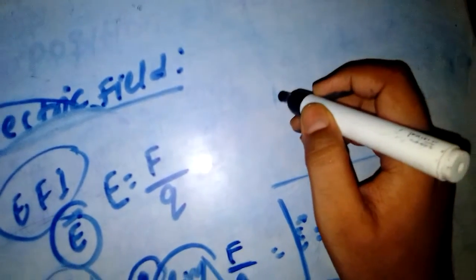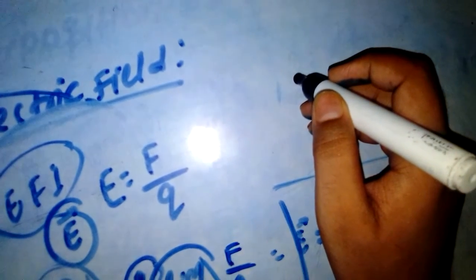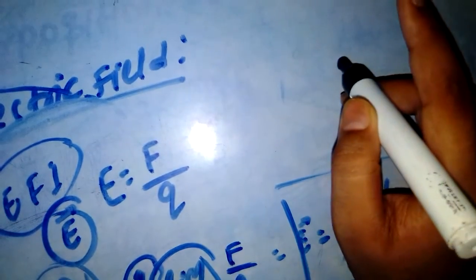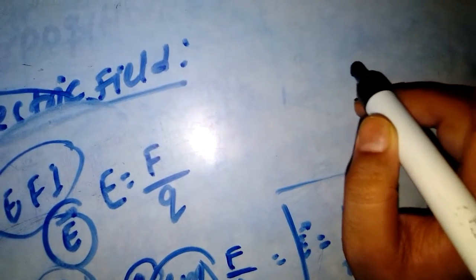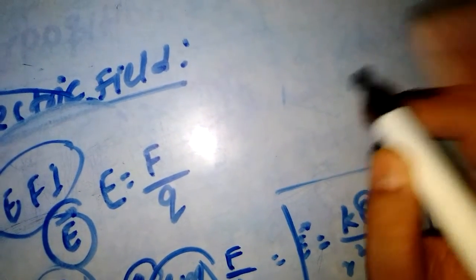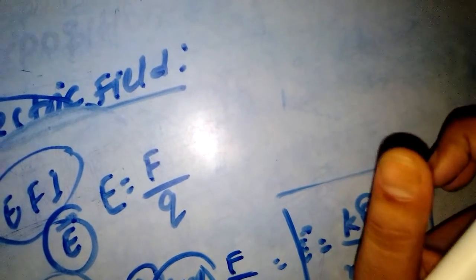If the source charge is positive, the direction of the field at any point will be away along the line joining the charge. See, along the line joining the charge.